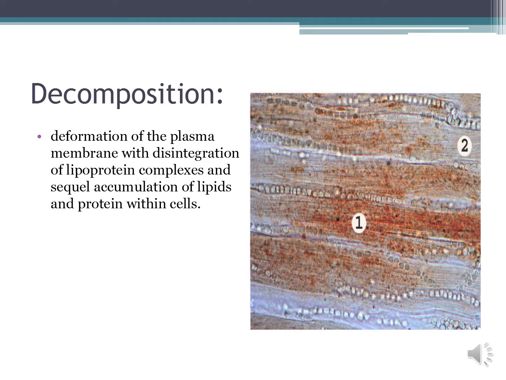Decomposition is a deformation of the plasma membrane with disintegration of lipoprotein complexes and subsequent accumulation of both lipids and proteins within the cell.